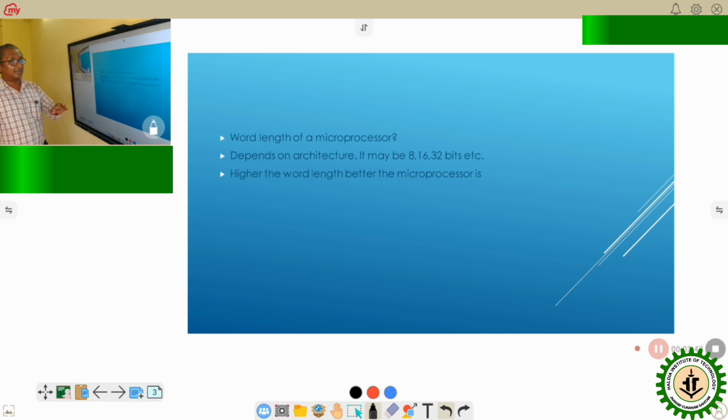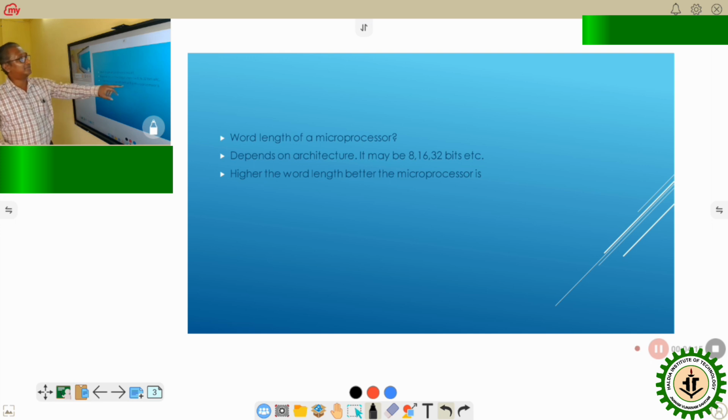So, if I want to process 16 bits of information, what will that 8-bit microprocessor do? It will first process 8-bit data, which takes some time, and then again it processes the remaining 8-bit data.